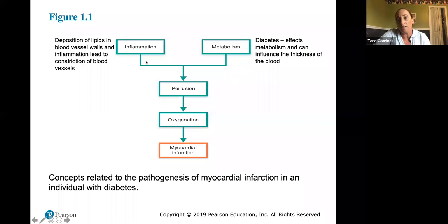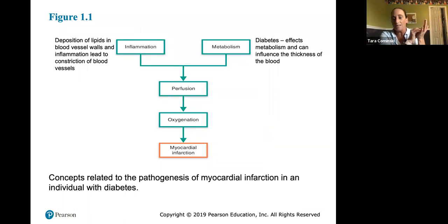If you go over here in this inflammation part, again, this is the broader concept, right? There are many causes or things that can increase inflammation, right? One thing that can happen related to a heart attack is that if you have really high lipid levels in your blood, right, those get stuck in the walls of the blood vessels.